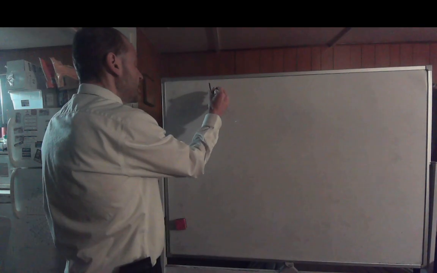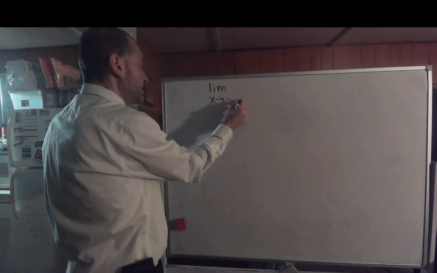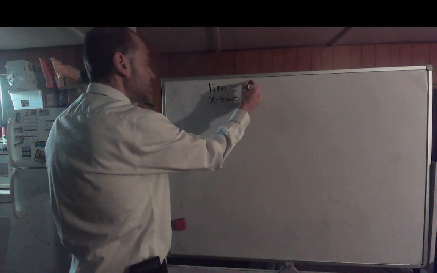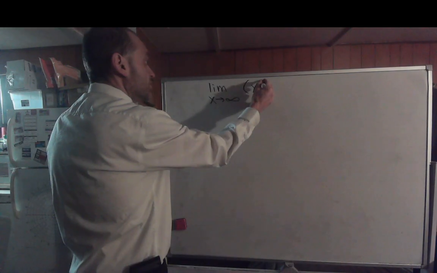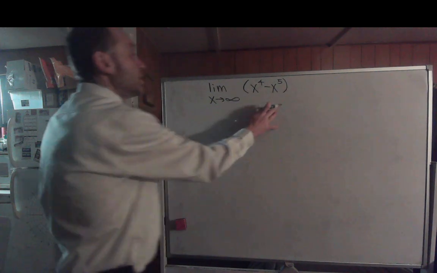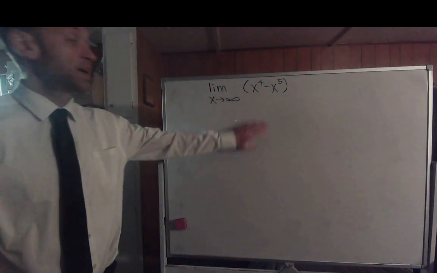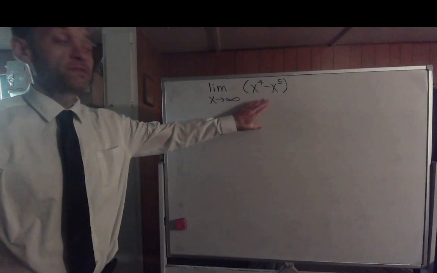Let's say you have the limit as x approaches infinity of the quantity of x to the 4th minus x to the 5th. Alright, so what do we got here? The limit as x approaches infinity of x to the 4th minus x to the 5th.